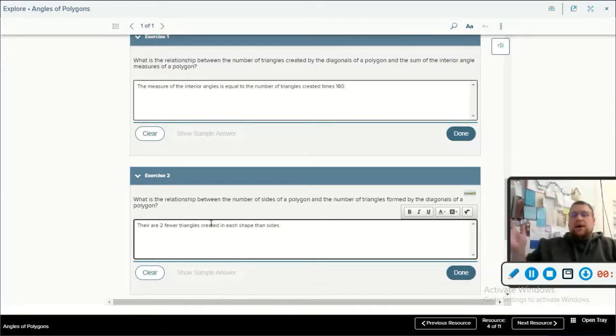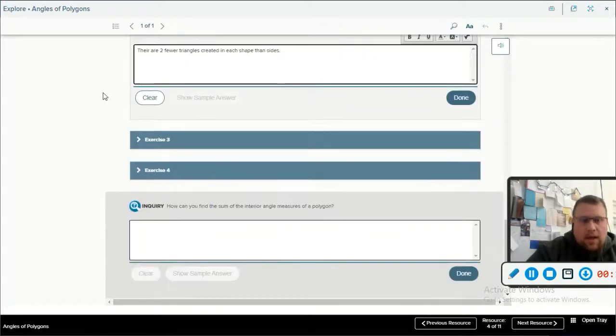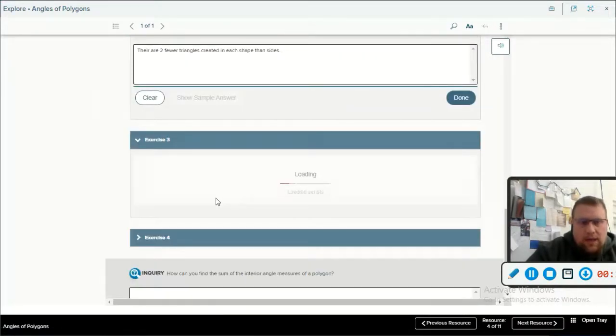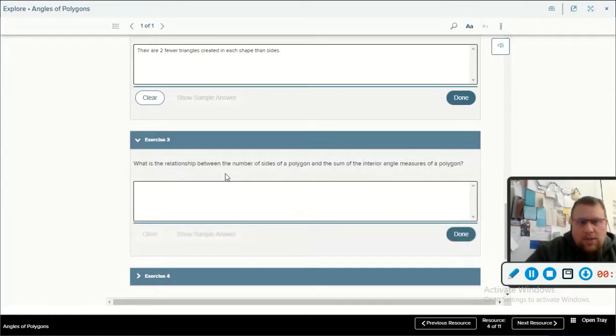So the number of sides minus 2 will always get us the number of triangles in a convex polygon. Okay, exercise 3. What is the relationship between the number of sides of a polygon and the interior angle measure?